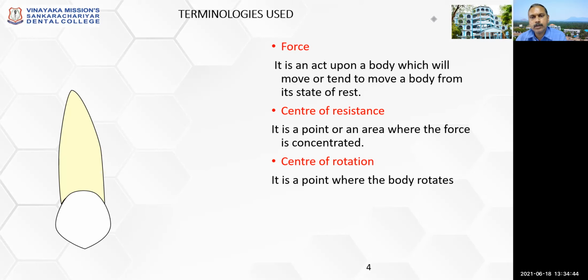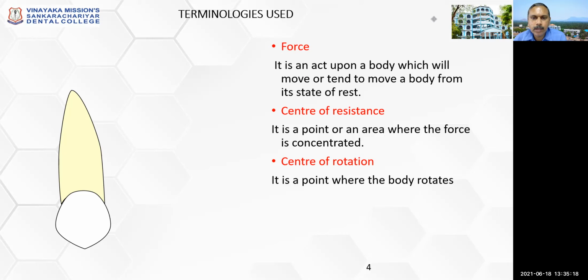For example, when you apply a force with a wire and a bracket onto the tooth, it will try to move, but it is being resisted by the alveolar bone and the periodontal ligament which supports the root of the tooth. So normally the center of resistance is in the apical third of the root of the tooth, because that is the area which is inside the alveolar bone.